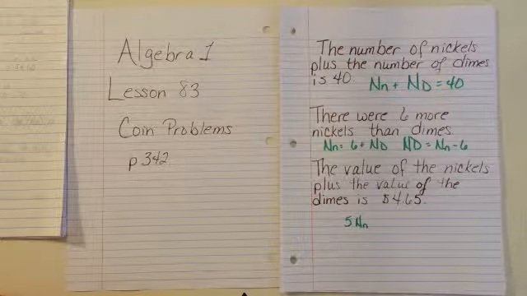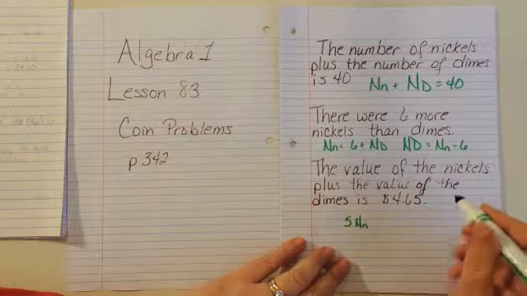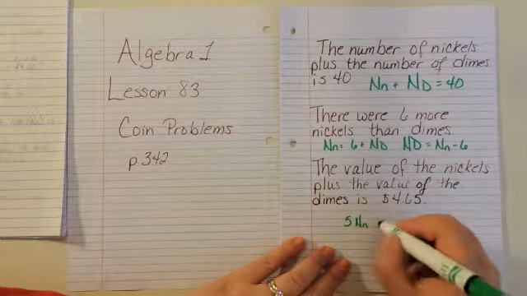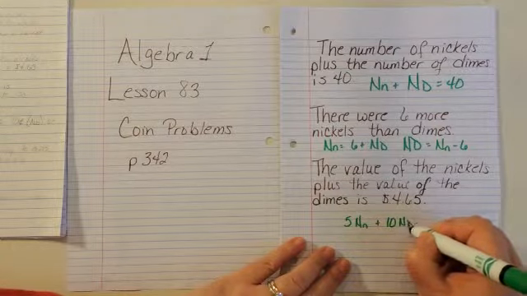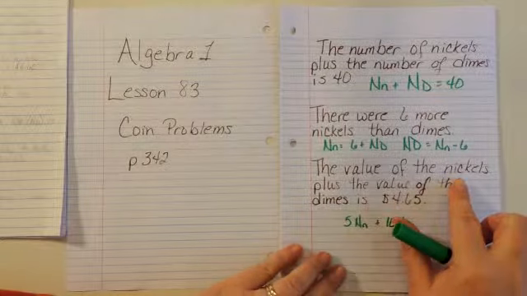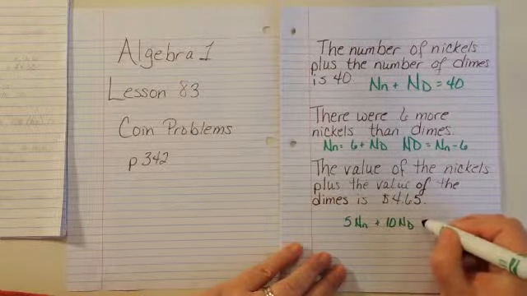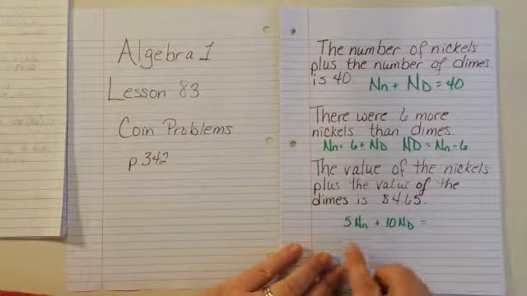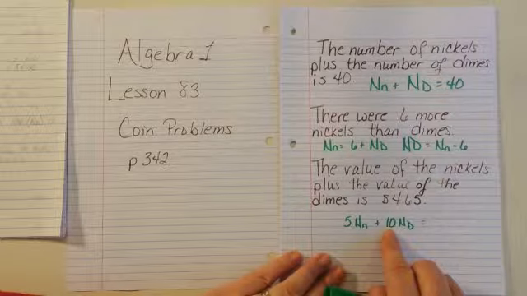The value of a dime is 10 cents. So the value of all of the dimes is 10 times the number of dimes. And in this case, the values of the dimes and the nickels are going to equal $4.65. You notice I didn't put 0.05 or 0.10.